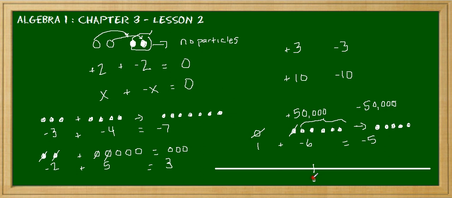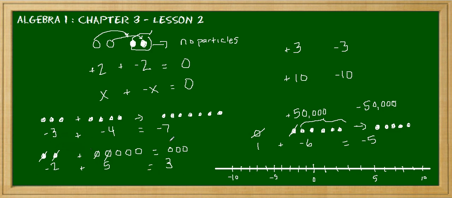That would be 0, let's say, and then we have positive 1, 2, 3, 4, 5, 6, 7, 8. Running out of room. 9, and that's 10. Okay, and we could do the same thing in the negative direction. 1, 2, 3, 4, 5. So that'll be negative 5, and then that's 6, 7, 8, 9, and 10. So that's negative 10.